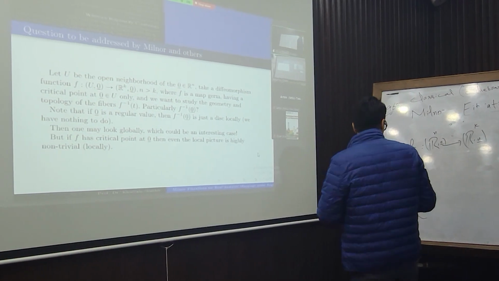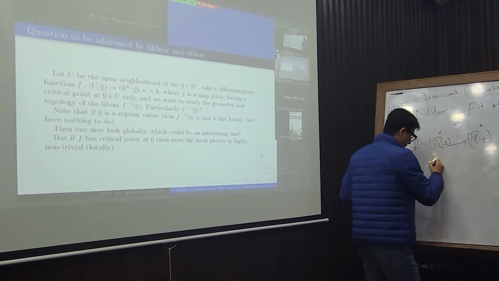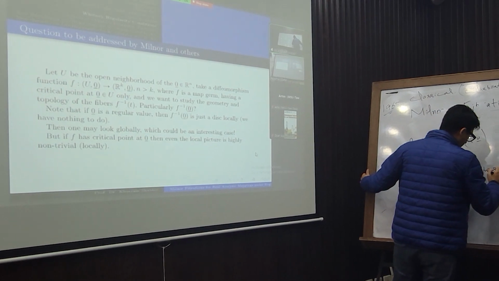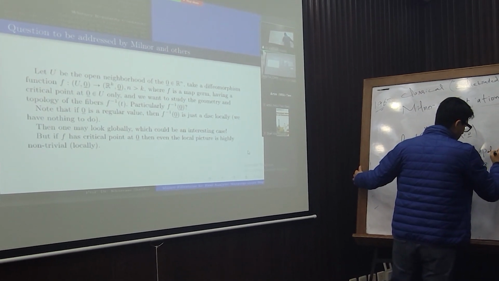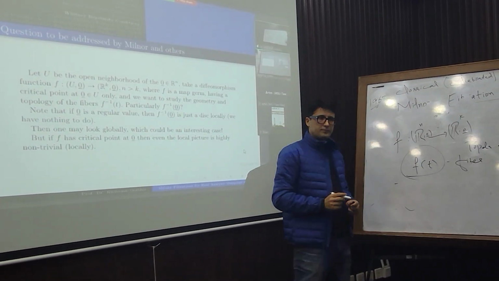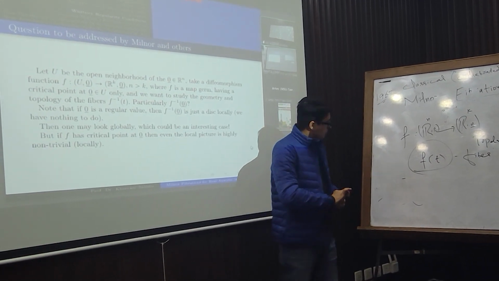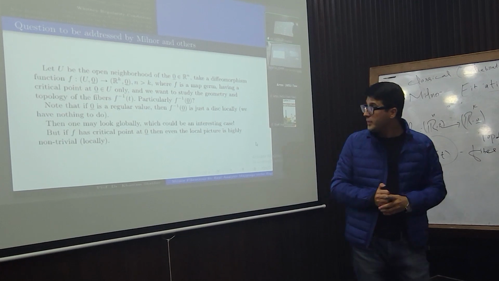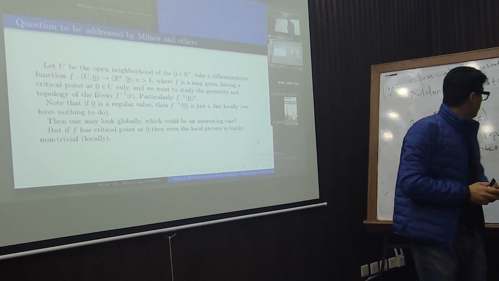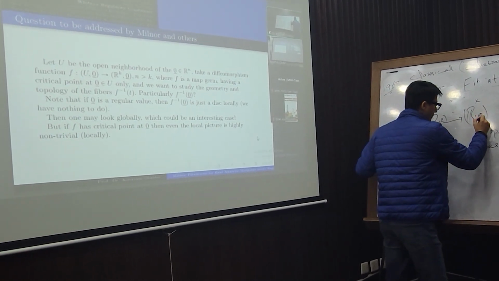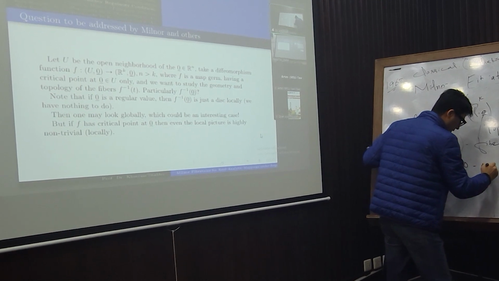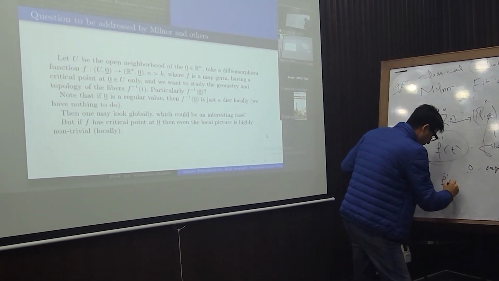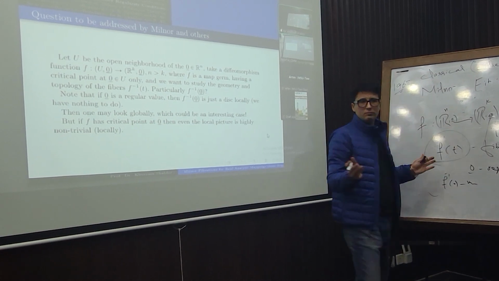So what is the question? The question is to study the topology of fibers, right? If this point here is a regular point, if 0 is regular, then F inverse of 0 is a manifold.